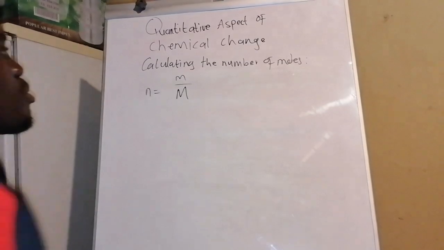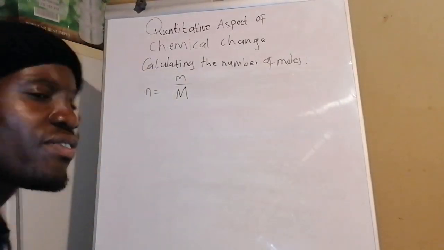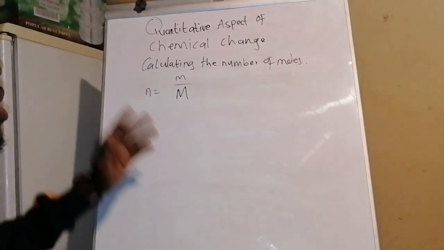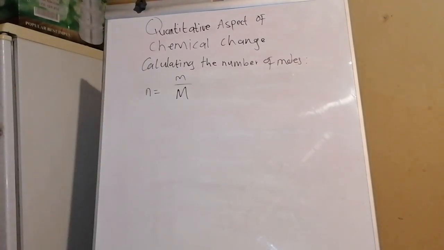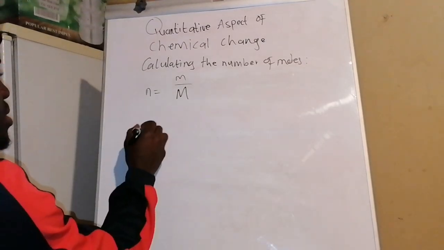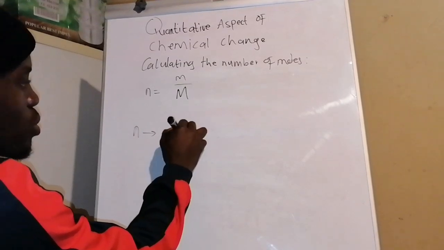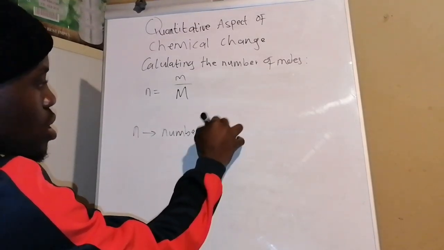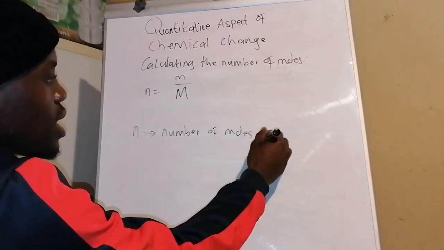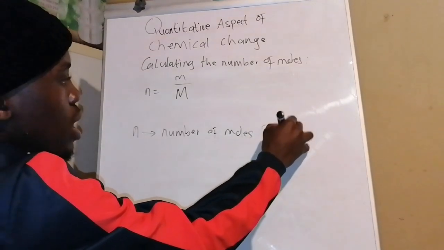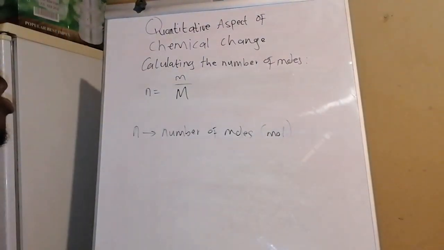The number of moles. It is very important that you know this formula, because as we are going to determine the empirical formula and the molecular formula, you need to know how to use it. We have N here, which is the number of moles, in mol. These are the SI units for moles.